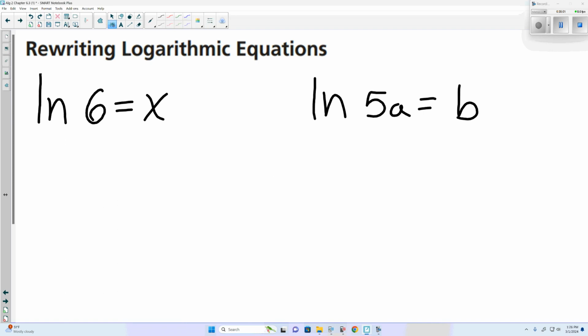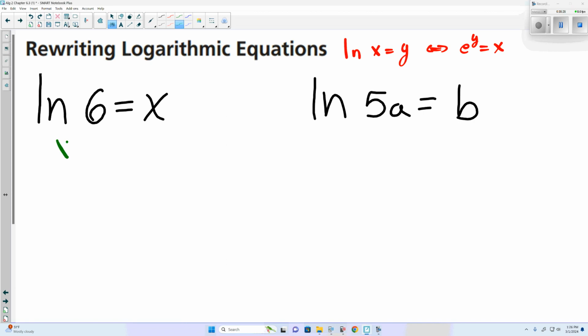So here, we're just rewriting them. ln of x equals y if and only if e to the y is equal to x.